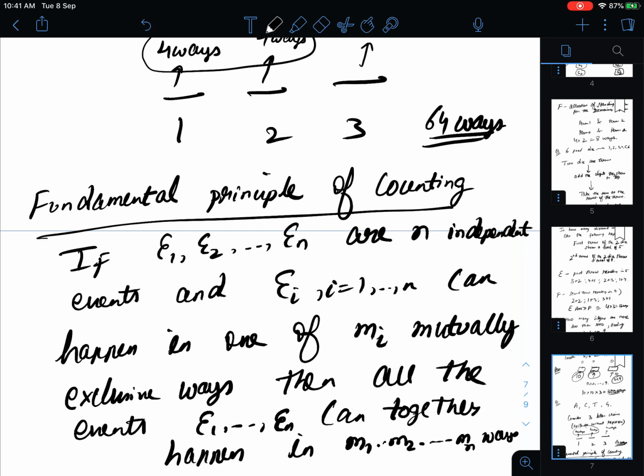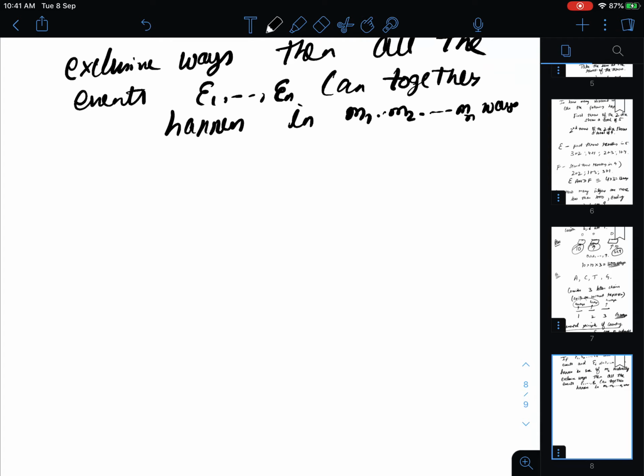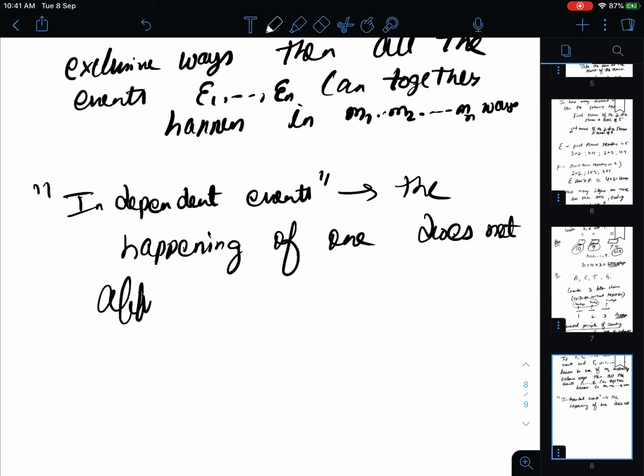Okay, note that independent events means that the happening of one does not affect the others.